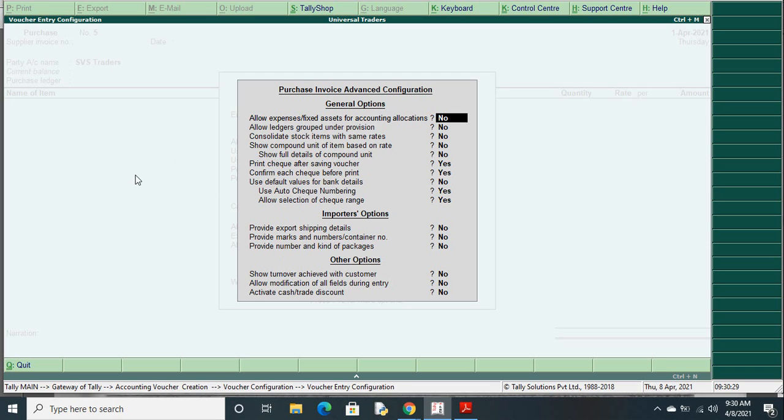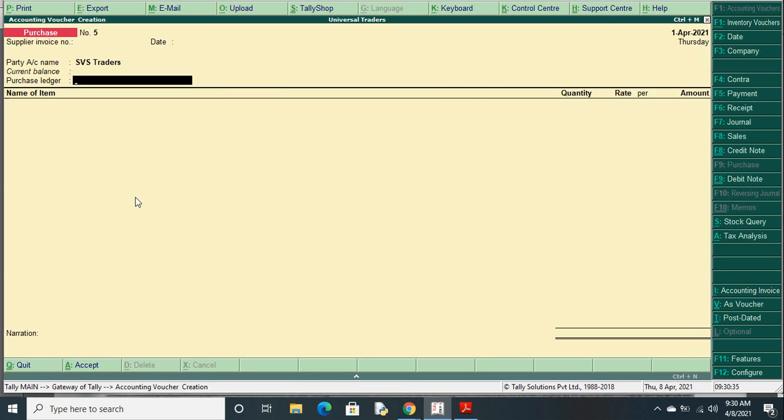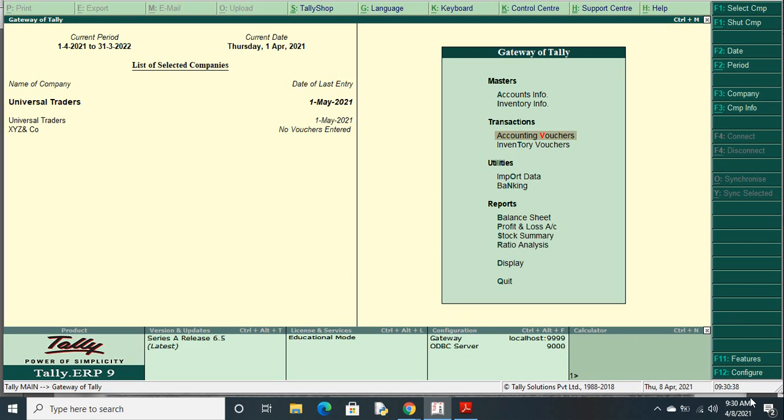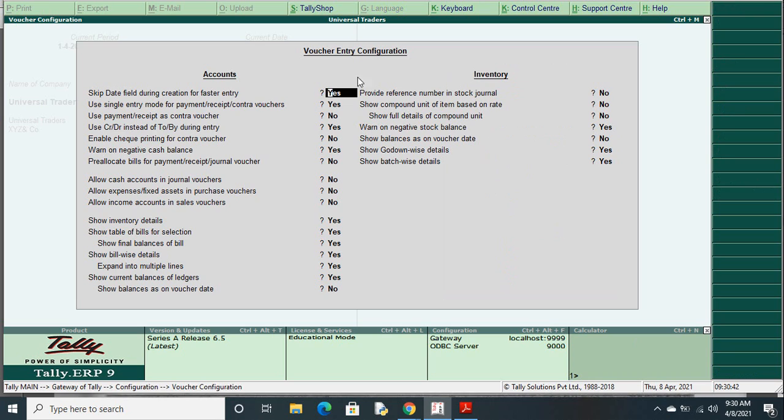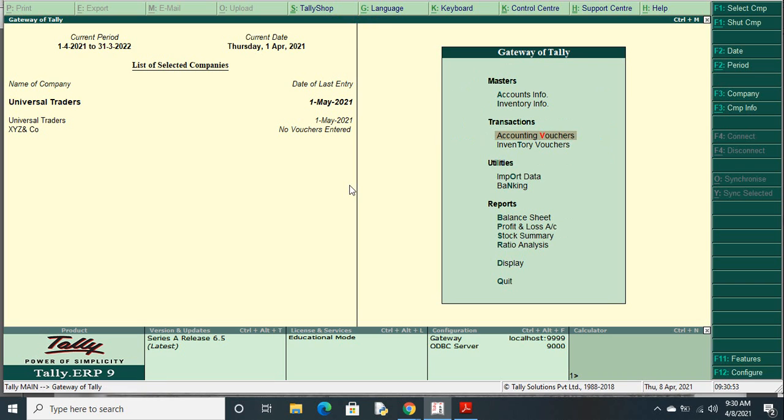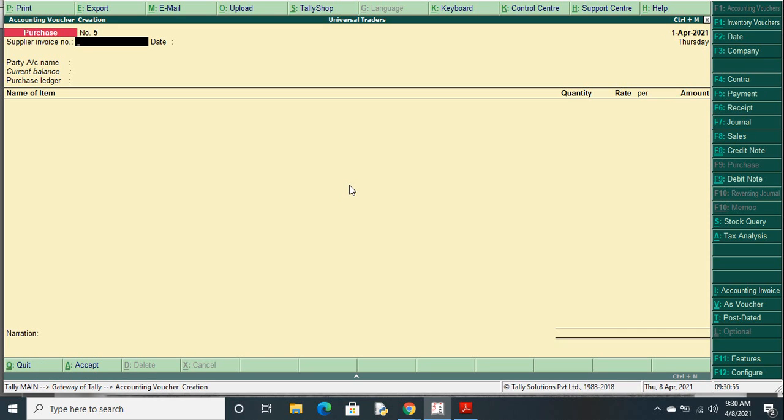Where is that use common ledger? F12 voucher entry. One option will be there, use common ledger. You have to eliminate that option.